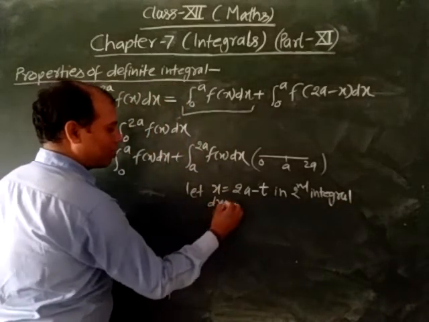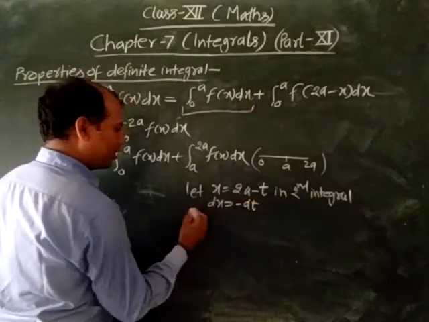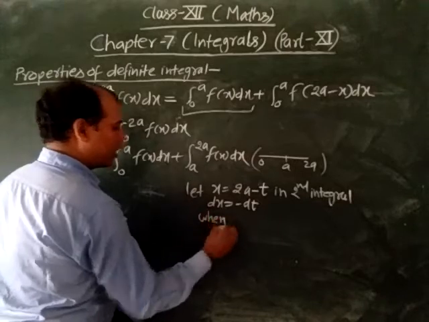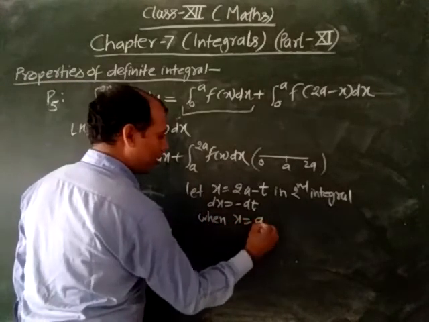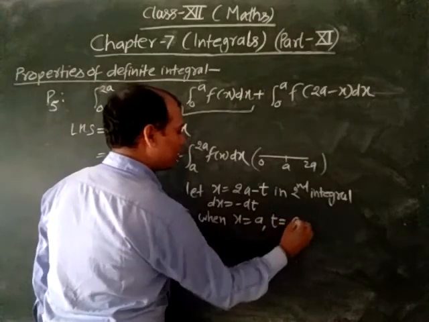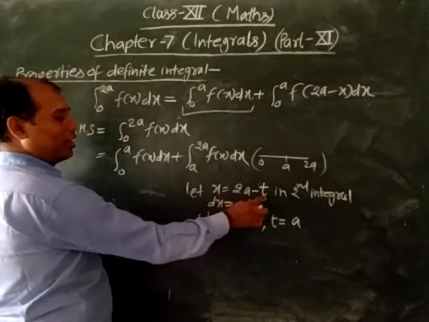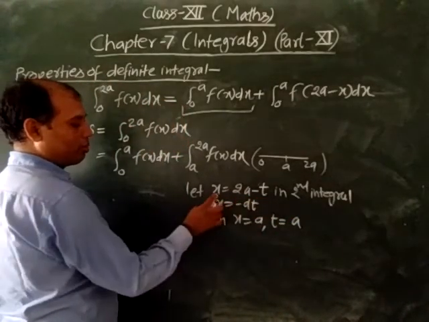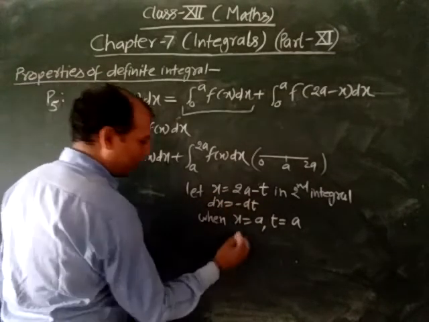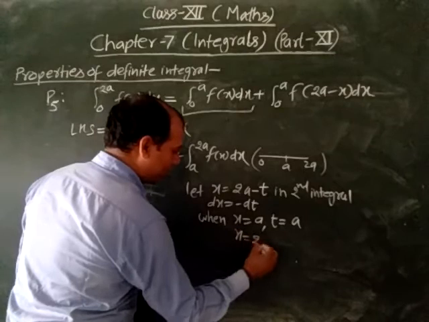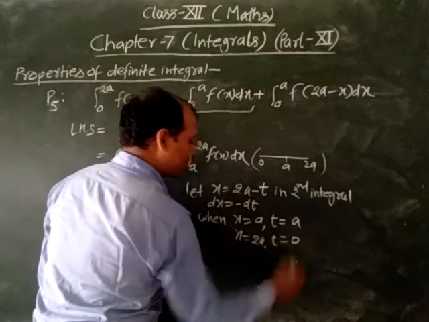Then dx is equal to minus dt. We can change these limits for the variable t. When x equal to a, we put a in place of x, we get the value of t is a, and when x equal to 2a, the value of t is 0.